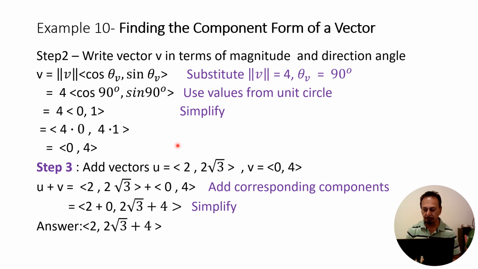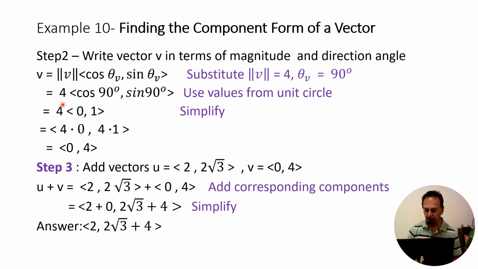Now step 2, we're going to write vector v in terms of magnitude and direction angle. So vector v is the magnitude of vector v times ⟨cosine theta v, sine theta v⟩. Now substitute the magnitude of v, which is 4, and theta sub v is 90 degrees.